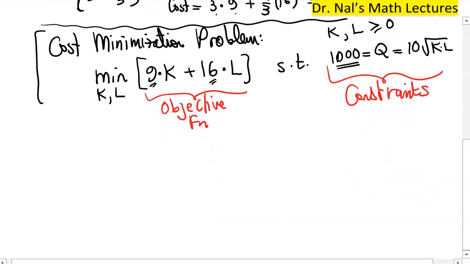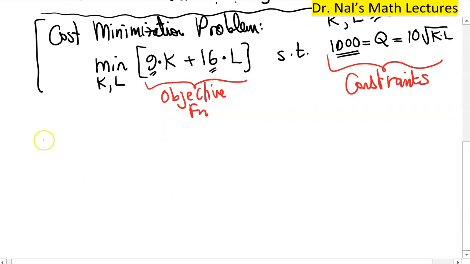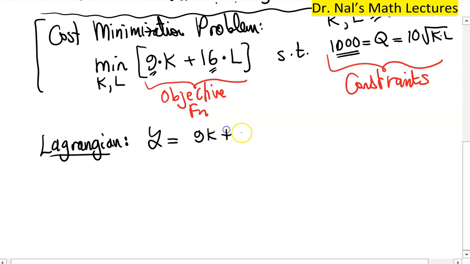Let me just go ahead and introduce that concept. First we construct what is called the Lagrangian. And the Lagrangian of this problem is the following. All you do is you rewrite the objective function, which in this case is 9K plus 16L, and you add to that a penalty, which is lambda times the constraint.